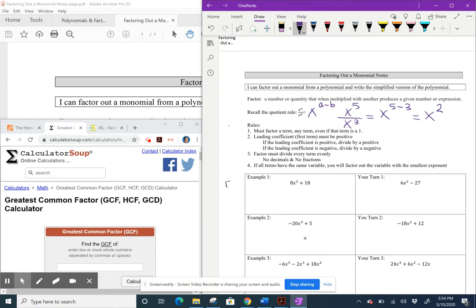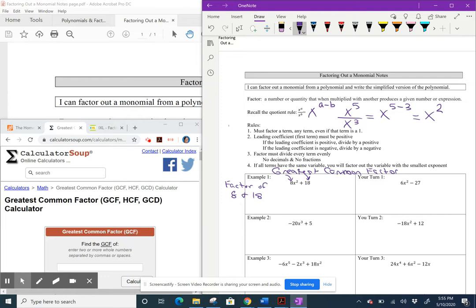So the factors of 8 and 18 is what we're looking for. Now we need to find the greatest common factor. Always have to find the greatest, okay?